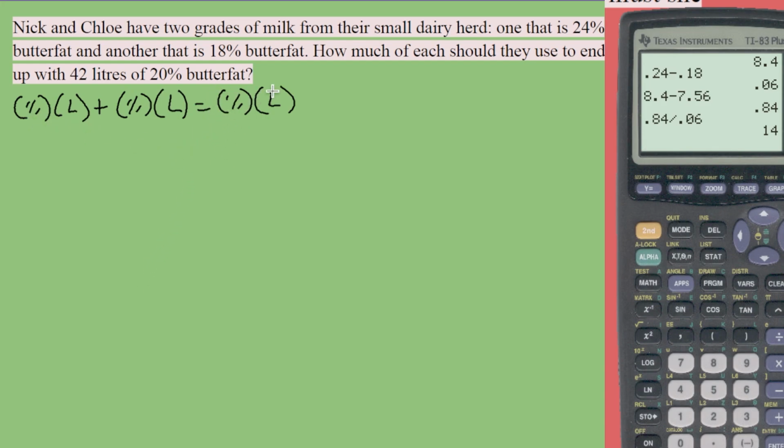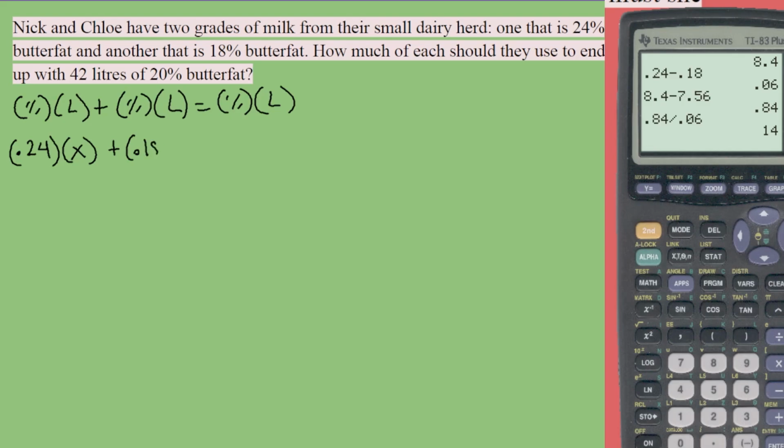So let's put in the pieces. We have 1 that is 24% butter fat. So that's 0.24 times x. We don't know how many liters. Another that is 18% butter fat.